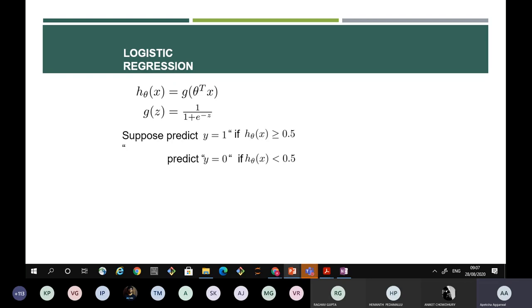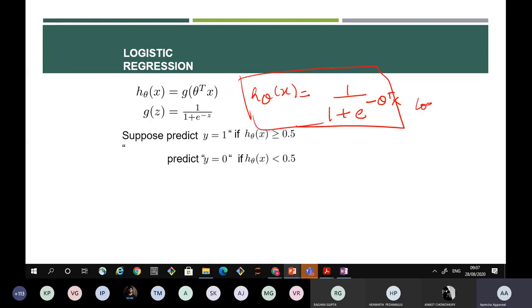If I multiply both of them, we cannot do it directly because of matrix multiplication, so this is theta transpose x, and g of z, so I have to put it over here. So ultimately my hypothesis for this is 1 upon 1 plus e to the power minus theta transpose x. So this is my hypothesis for logistic regression.